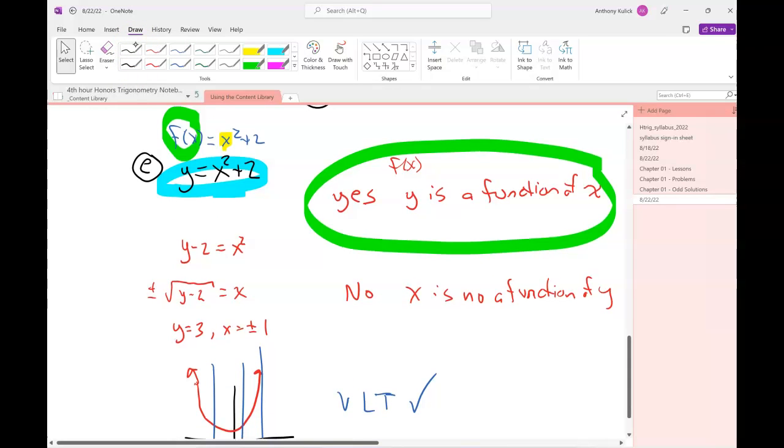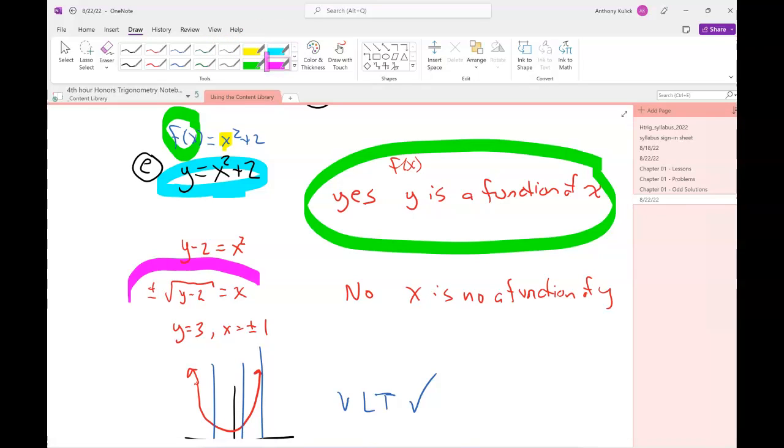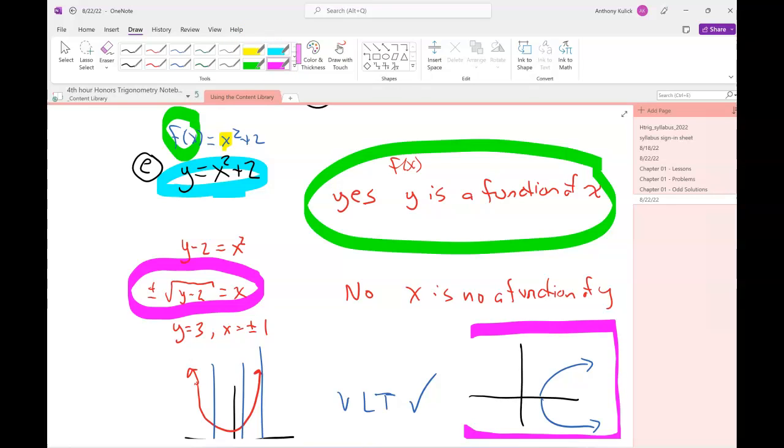Alternatively, if we wanted to talk about this other thing, the graph of it would have looked like that. Does that pass a vertical line test? No. Okay.